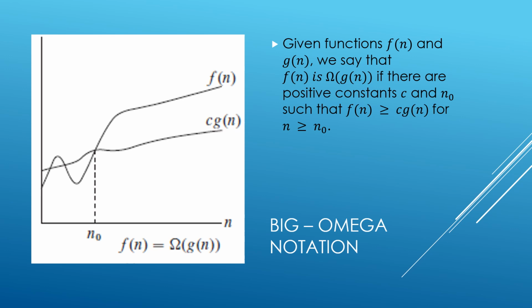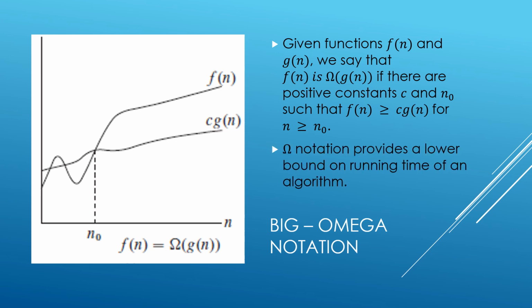It is an integer. c is also greater than 0, but it is a real number. What is the difference between big O and big omega? By now, you must have solved this. Big O gives us the upper bound of the function. Big omega gives us the lower bound of the function.